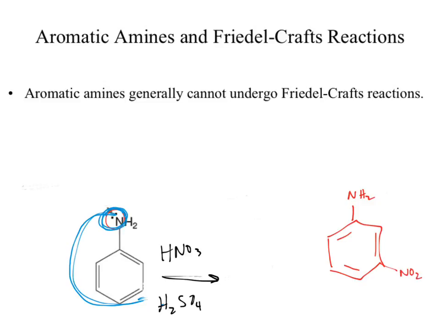It picks up a hydrogen to generate NH3 plus. Atom X now is a deactivator. When we actually do the nitration, we end up dumping the nitro at the meta position. Okay? So you have to watch out for those kind of sneaky side chemistries. Almost all of them center on nitrogen because it's just an SOB.